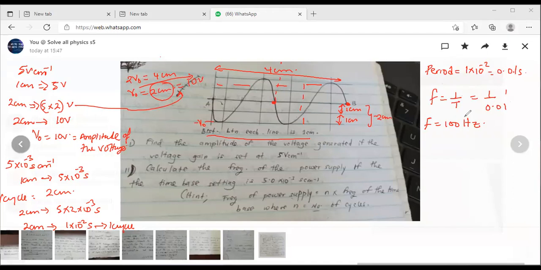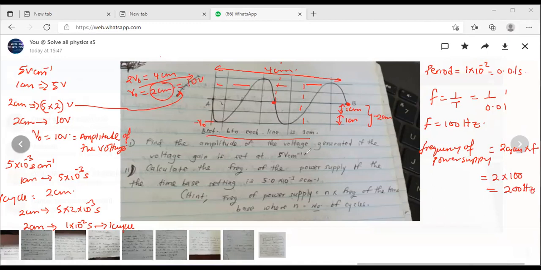Now, because we have 2 cycles, this is for 1 cycle. The frequency of this power supply will be 2 cycles times F, which gives 2 times 100, and thus we shall have 200 hertz.